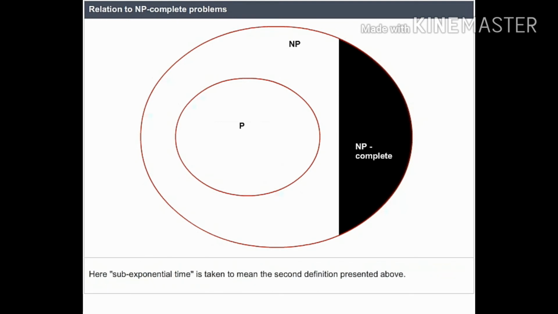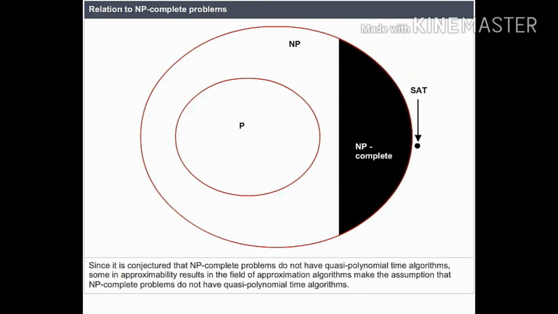Here, sub-exponential time is taken to mean the second definition presented below. This conjecture for the k-SAT problem is known as the exponential time hypothesis. Since it is conjectured that NP-complete problems do not have quasi-polynomial time algorithms, some inapproximability results in the field of approximation algorithms make the assumption that NP-complete problems do not have quasi-polynomial time algorithms.